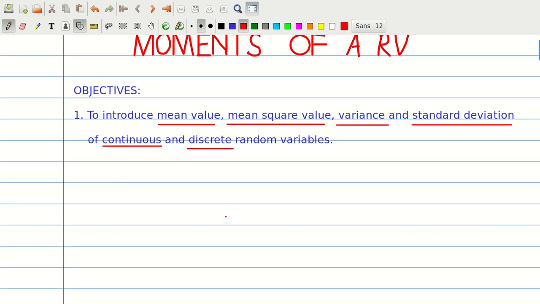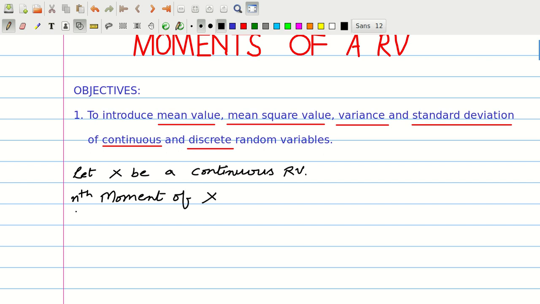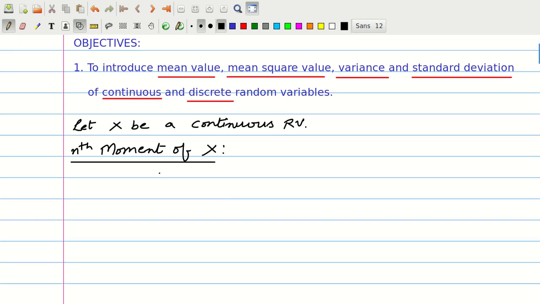Let us first begin with a continuous random variable. So let X be a continuous random variable, then the nth moment of X is denoted by expectation.